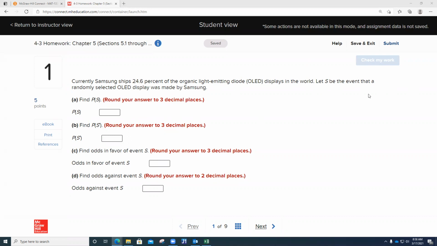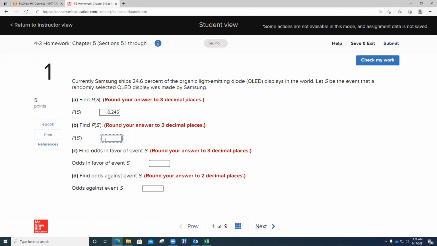Let S be the event that a randomly selected OLED display was made by Samsung. They already give us a percentage, 24.6%. We're going to put that in decimal form, which means dividing by 100, or moving the decimal 2 places to the left, so 0.246.